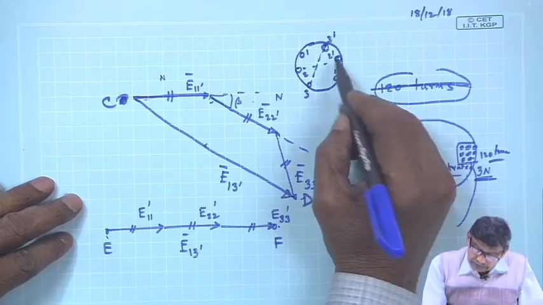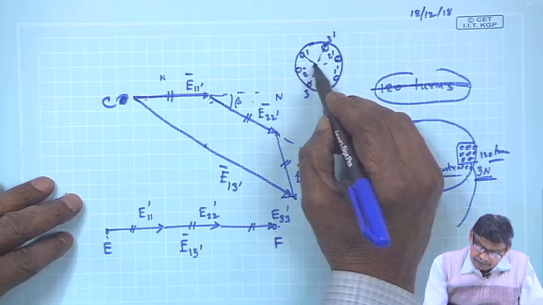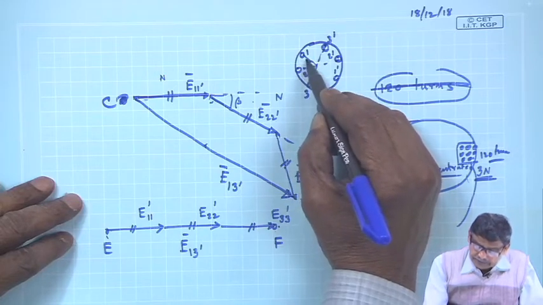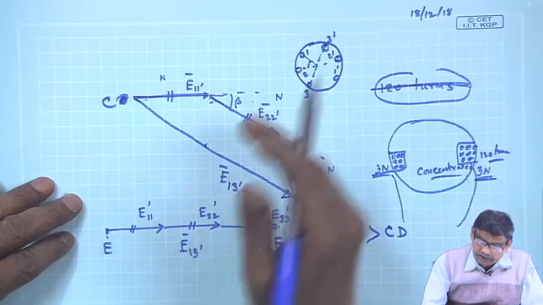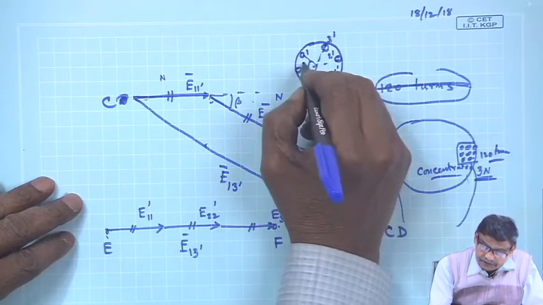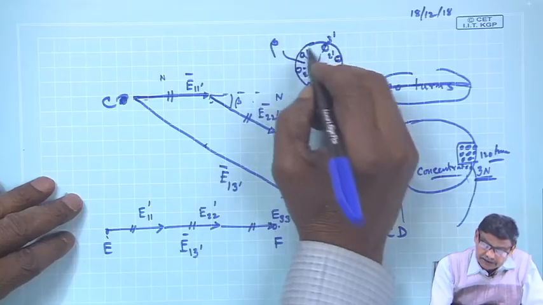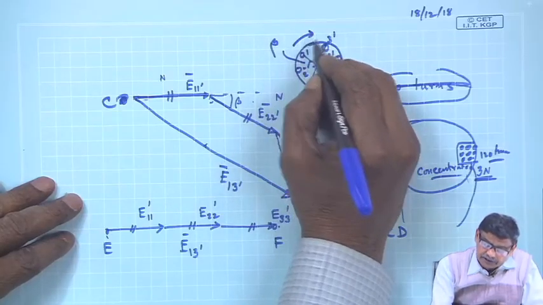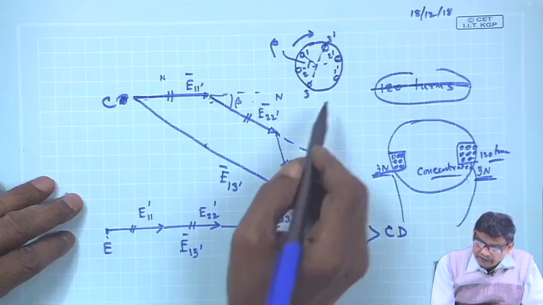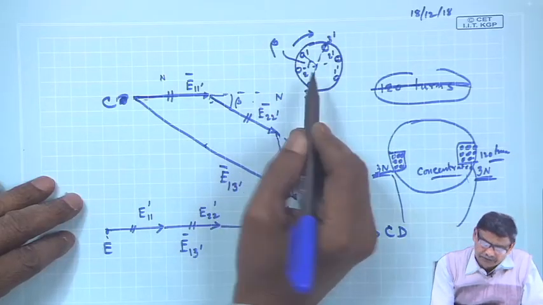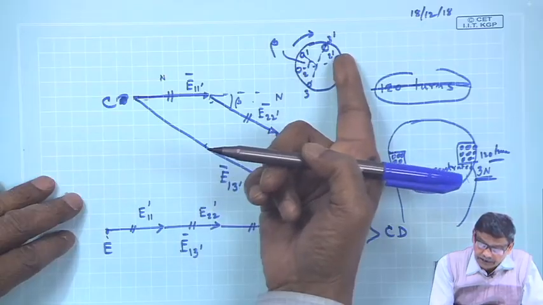displaced by some angle, this is the angle between 2 consecutive slots, say. Okay. By one slot it has been displaced, this angle we are telling beta, and direction of rotation I have assumed like this, and then whatever is happening to 1 dash now, same thing is going to happen to 2 dash.